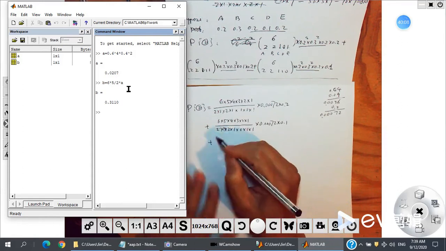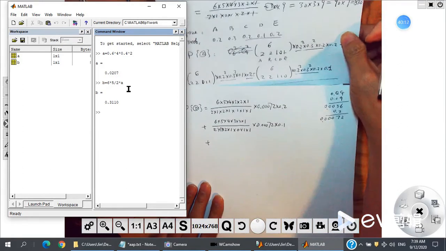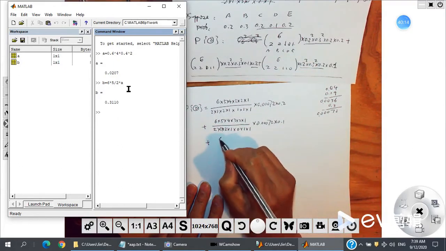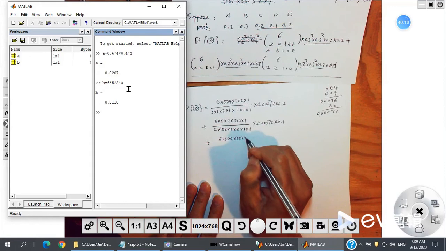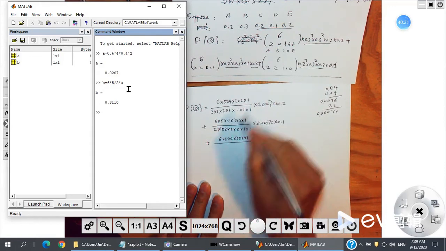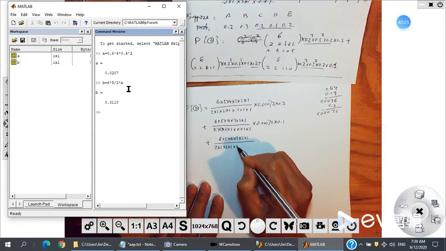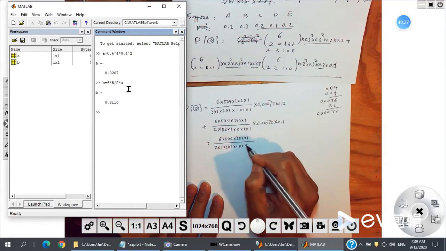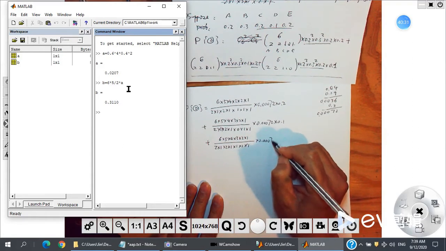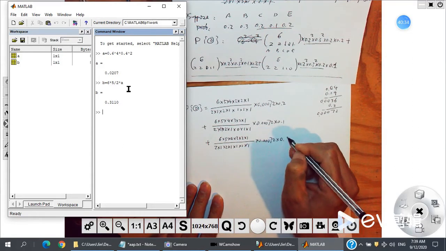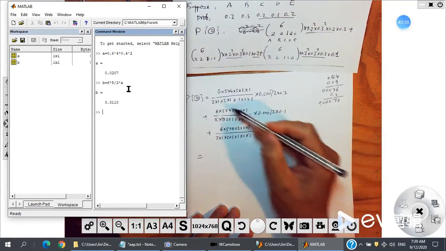And the last one, this is 6 times 5 times 4 times 3 times 2 times 1, and the denominator is 2 factorial times 2 factorial times 1 factorial, 1 factorial, and 0 factorial, and times 0.00072 times 0.1. Okay, so we calculate this one.